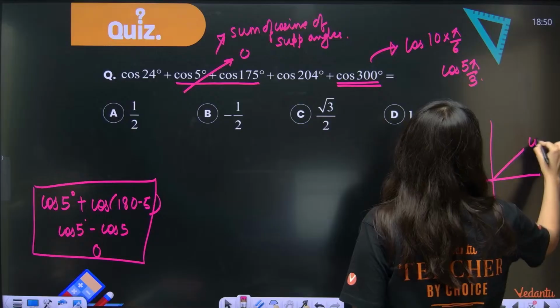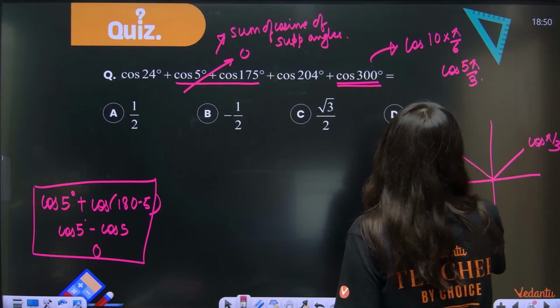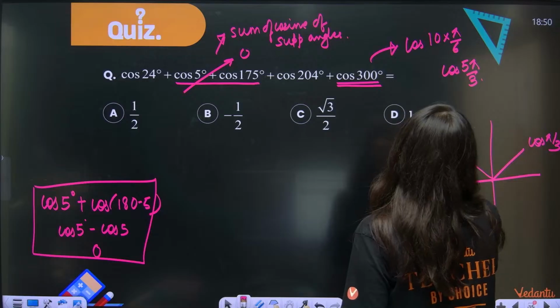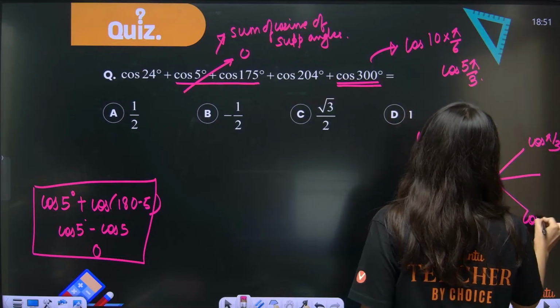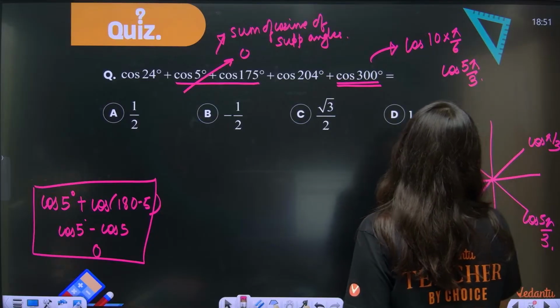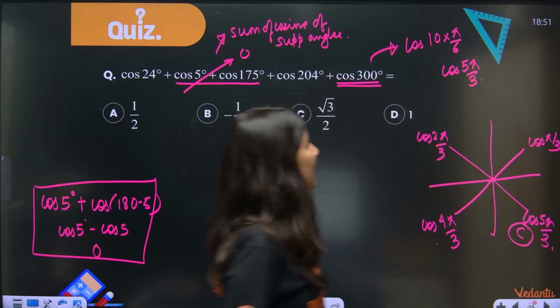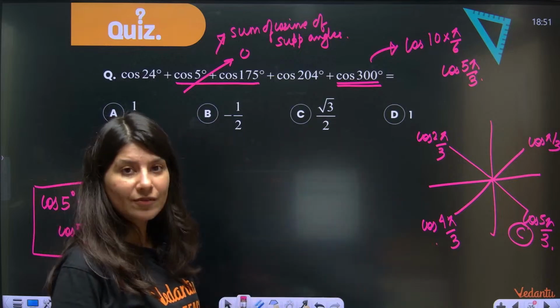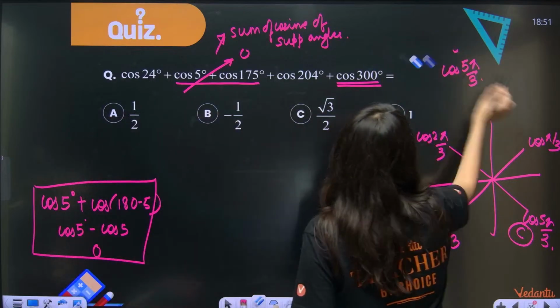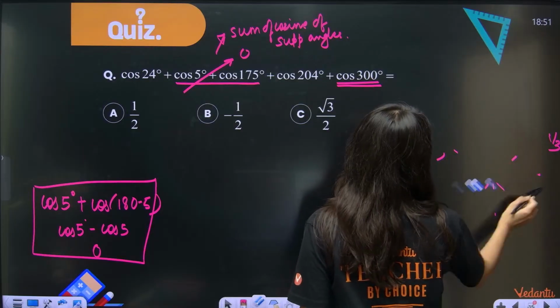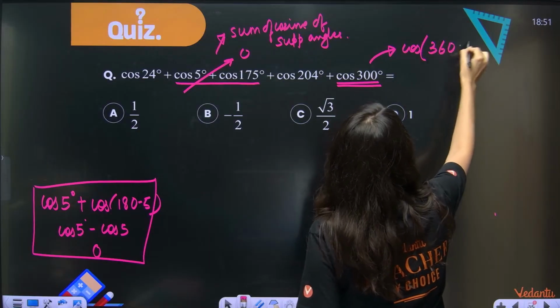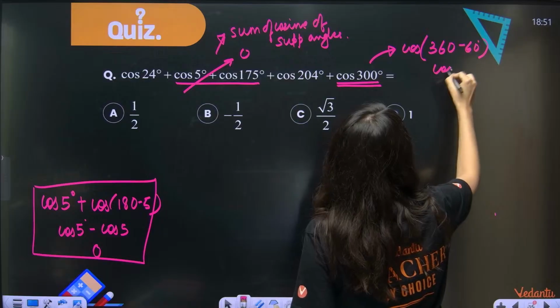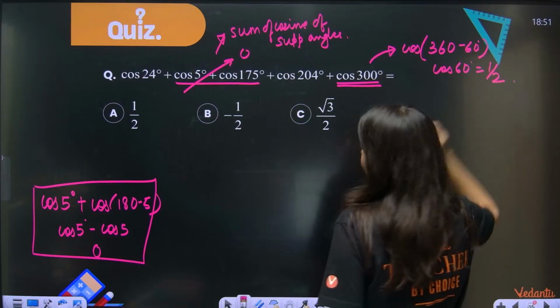Cos pi by 3, cos 2 pi by 3, cos 4 pi by 3, and cos 5 pi by 3. By ASTC, 5 pi by 3 lies in the fourth quadrant. Obviously 300 degree lies in the fourth quadrant. Or rather, don't make it such a complication. This is cos (360 minus 60). Cos 2 pi minus theta is cos 60. So this is cos 60, which is half.